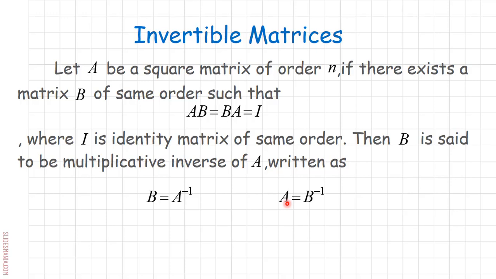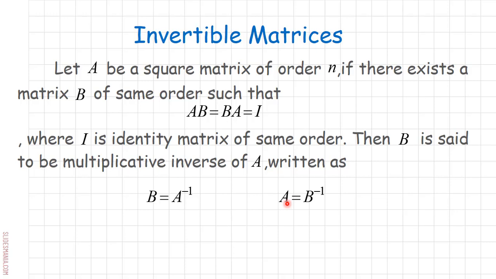In this case we say that A and B are invertible matrices. Now the question is how to find these invertible matrices, and in this lecture we are going to see how to find the invertible matrices by using elementary operations.